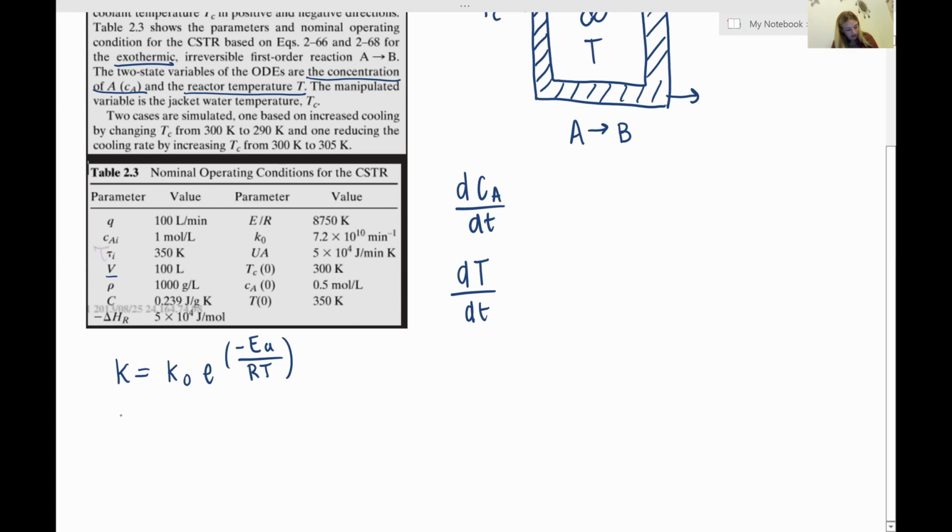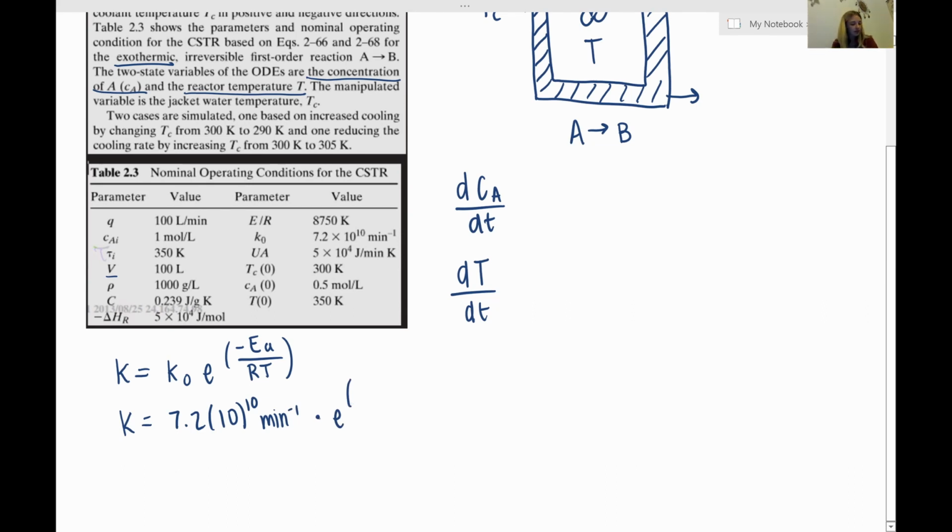So we can rewrite this with our known numbers in here. We have 7.2 times 10 to the 10th reciprocal minutes times our exponential.